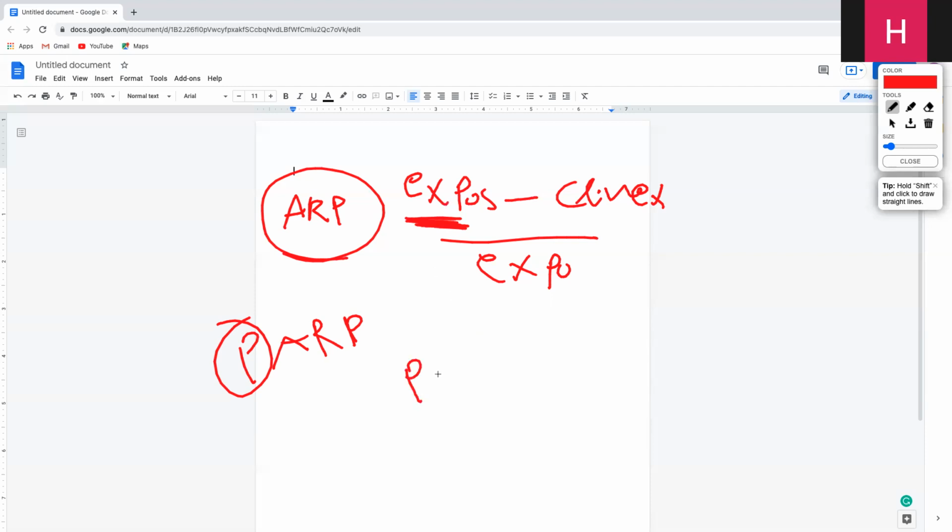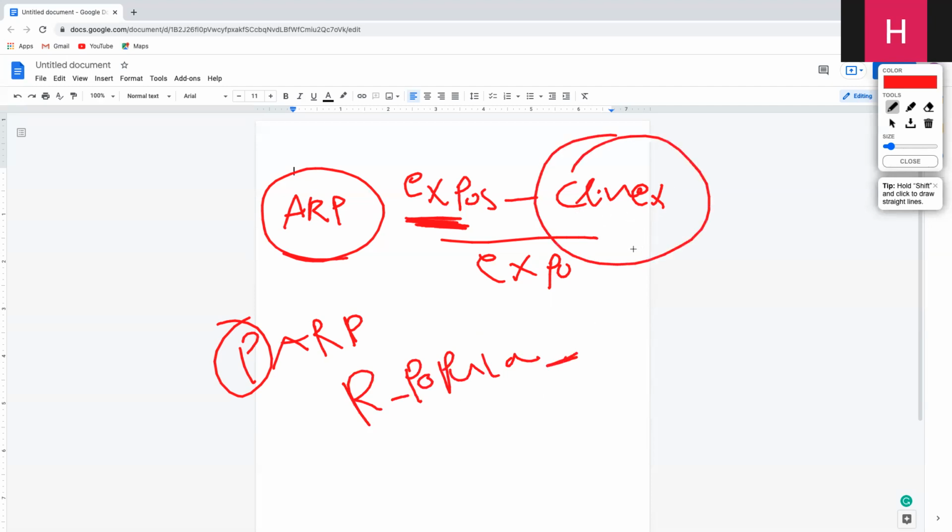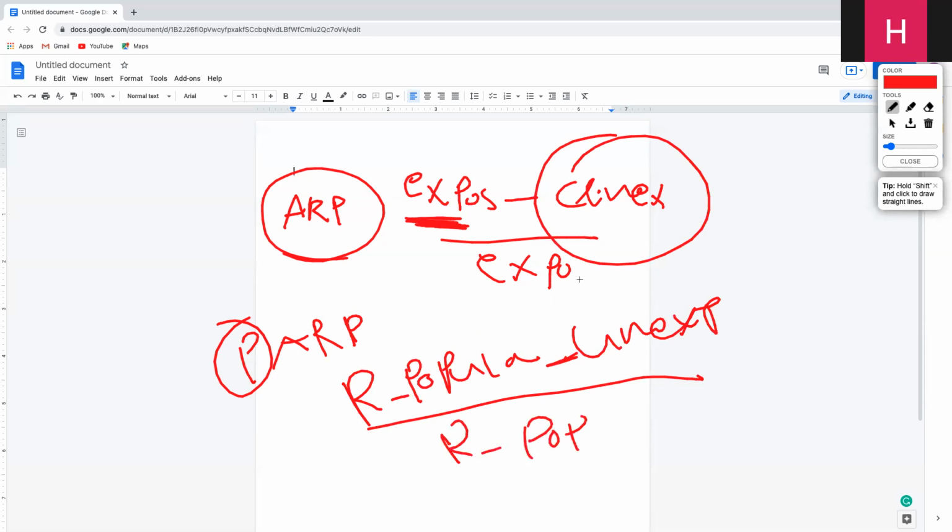So it is the risk in the population minus the unexposed, keeping that the same, and then you divide by the risk in the population. It is the same equation, but because the question doesn't want you to calculate the percentage among the exposure group, and tells you among the population or all study participants, just replace the exposed with the risk in the population.